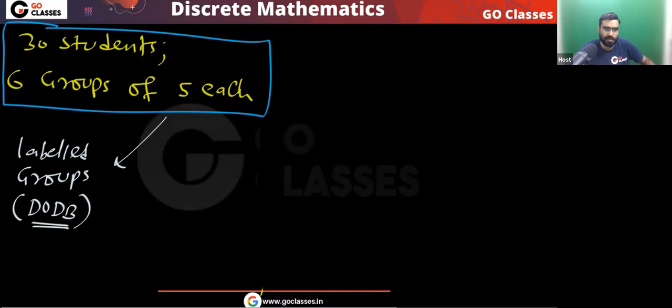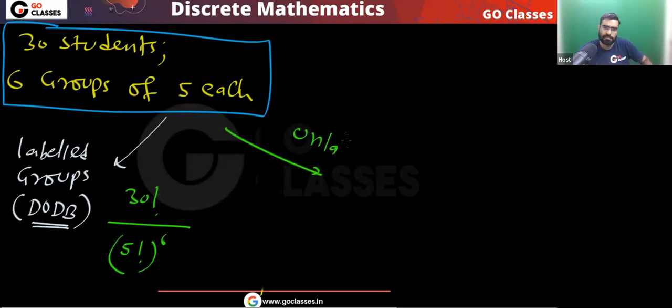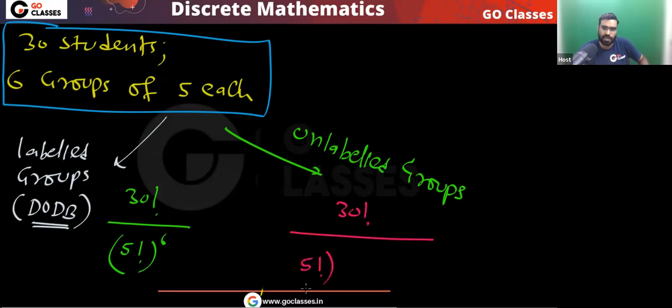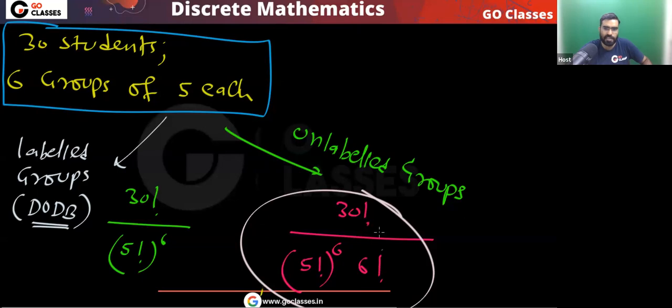If your groups are labeled, then the answer will be 30 factorial divided by 5 factorial power 6. And if your groups are unlabeled, then in this situation your answer will be 30 factorial divided by 5 factorial power 6 multiplied by 6 factorial, divided by 6 factorial.